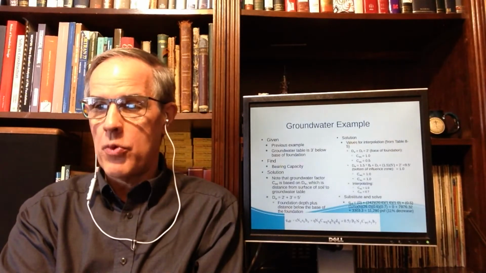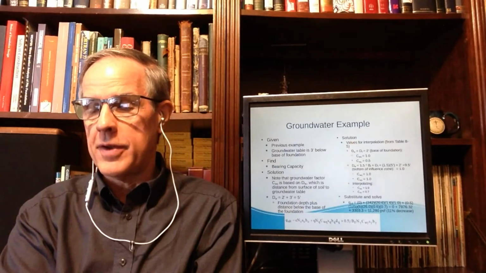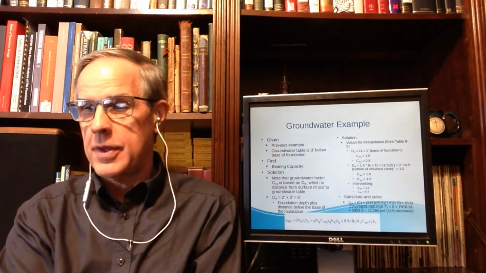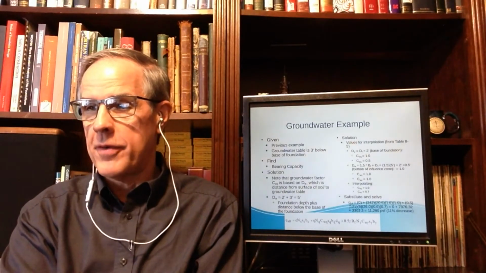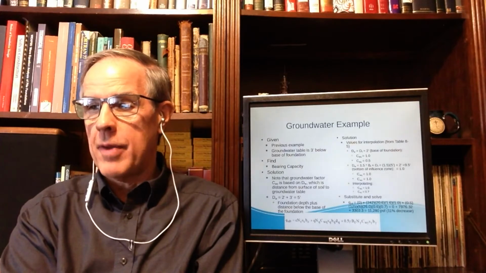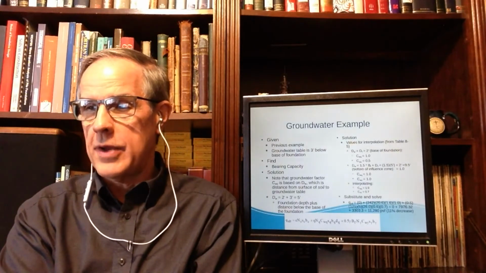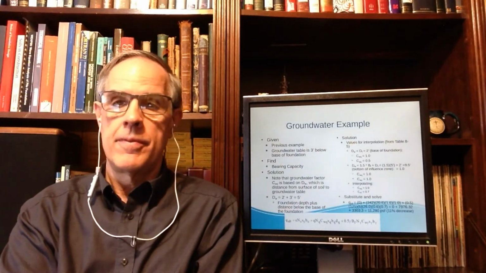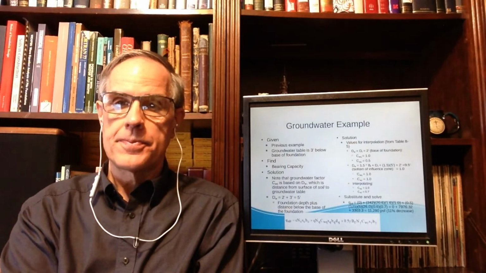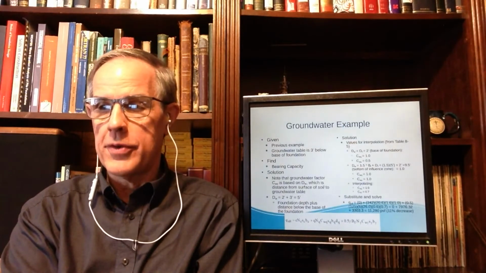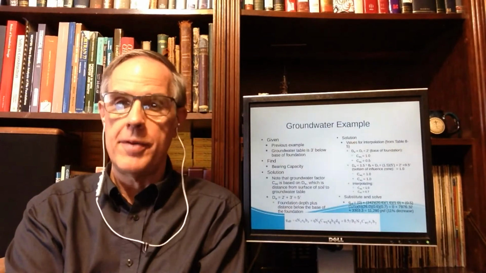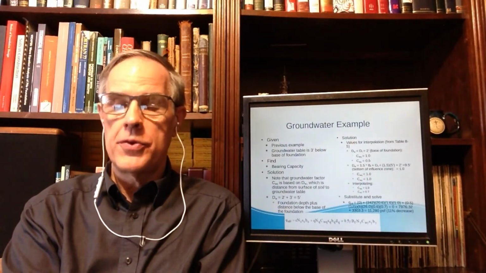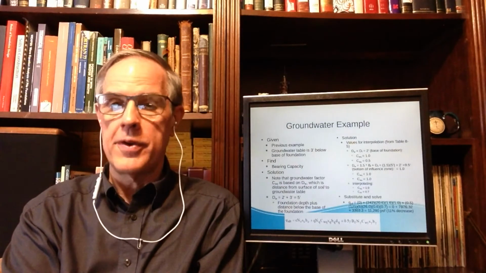At the base plus 1.5 times the base width, at 9.5 feet, the bottom of the influence zone, it's 1 for both of them. So CWQ is pretty simple. It's 1 at both ends, so it's 1 in the middle. For gamma, you have to interpolate, and you get 0.7.